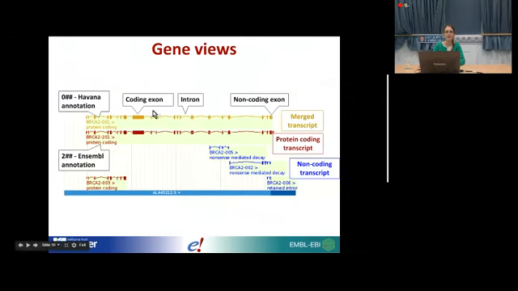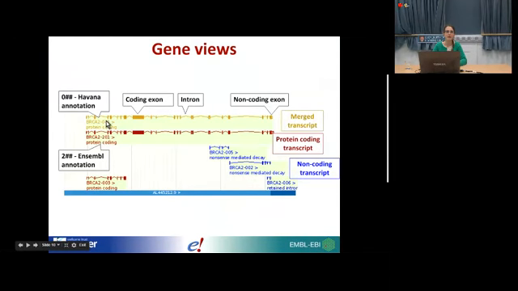Now, anything that's been annotated by the manual annotation has a number that starts with a 0. So all of the transcripts are named after the gene, followed by a dash and then a 3-digit number. If it starts with a 0, it was annotated manually. If it starts with a 2, then it was annotated automatically.